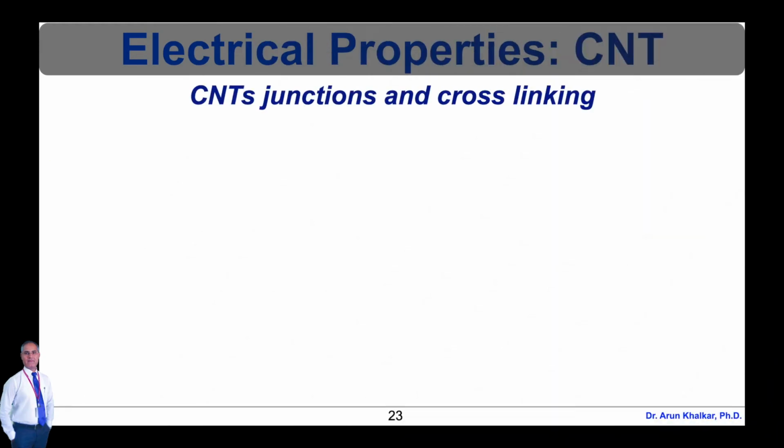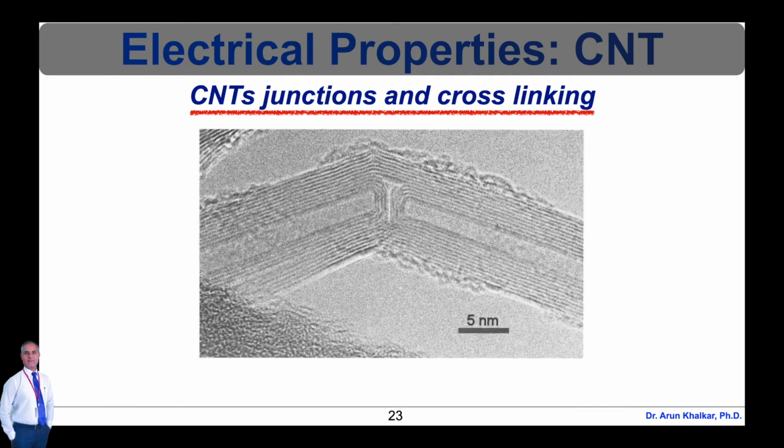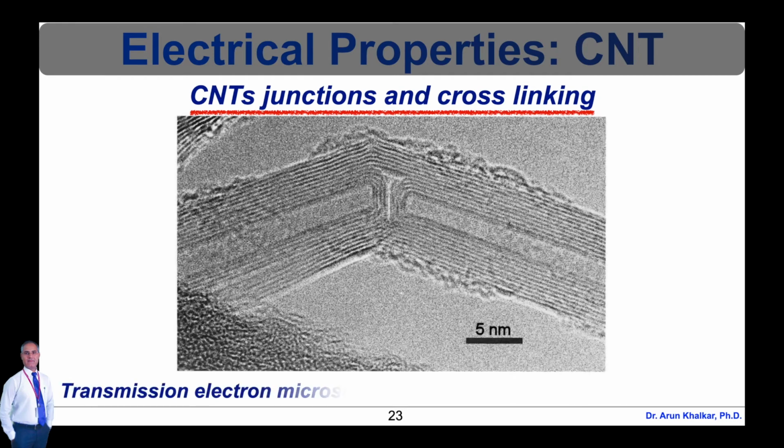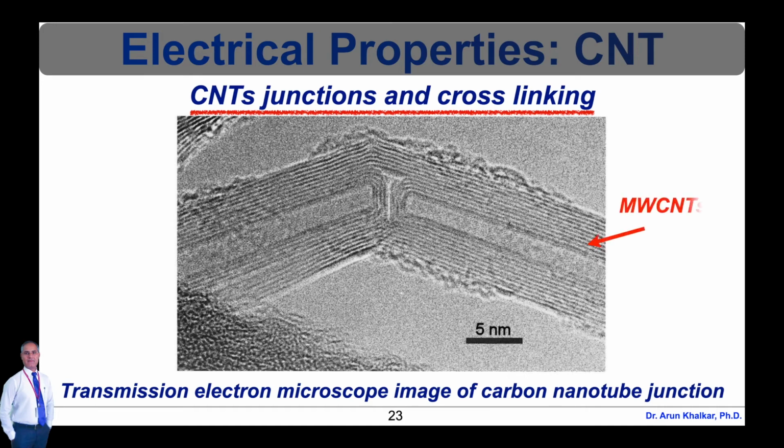Now let's see the carbon nanotube junctions and cross-linking. A transmission electron microscope image of a carbon nanotube junction is shown in this picture. Junctions between two or more nanotubes have been widely discussed theoretically. Such junctions are quite frequently observed in samples prepared by arc discharge as well as by chemical vapor deposition.